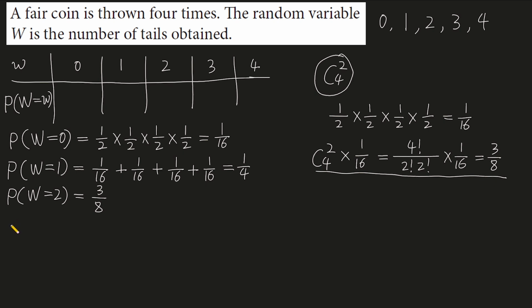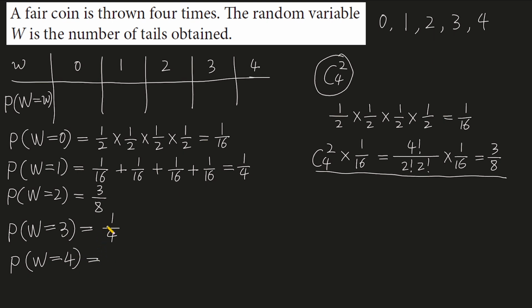Now we calculate the probability of W equals 3. This is that 3 times we get tails and 1 time we get head. So this also equals 1 over 4. Now we calculate the probability that W equals 4.